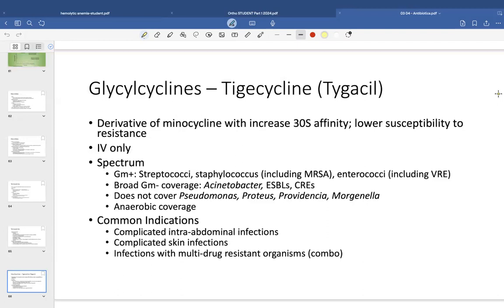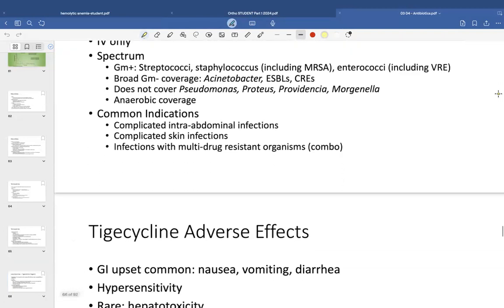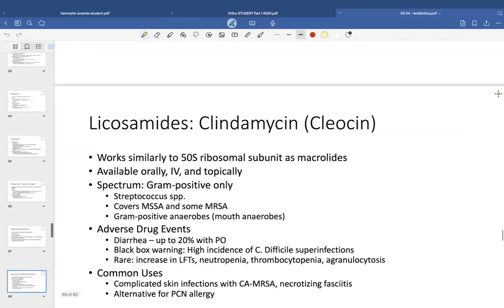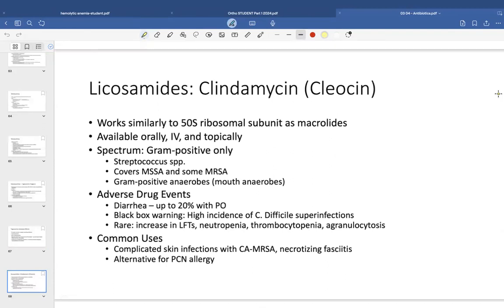We will use Clinda a lot for patients with penicillin allergy, either in surgical prophylaxis or local treatment. And it can be reserved also for very severe, really bad skin infections. Clinda is not the greatest drug as far as tolerability as well, because of the diarrhea.